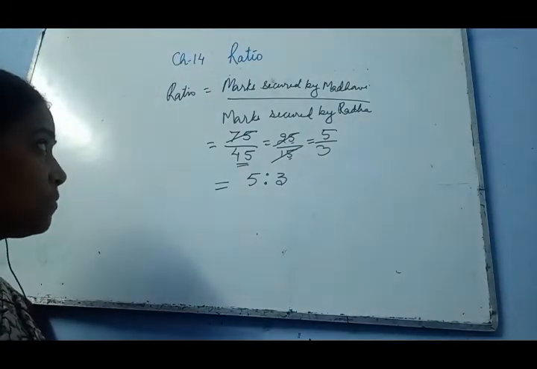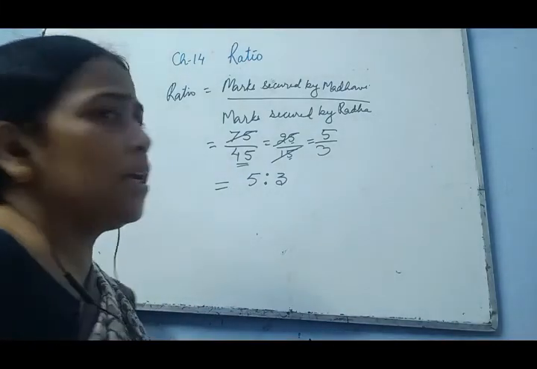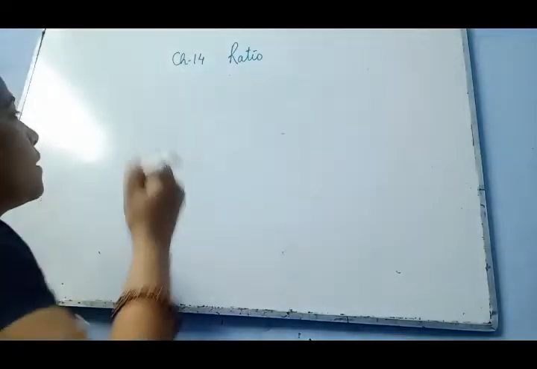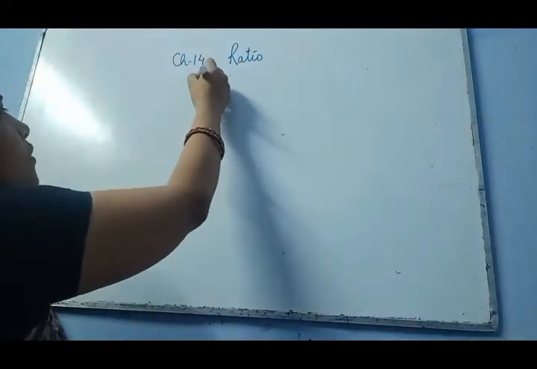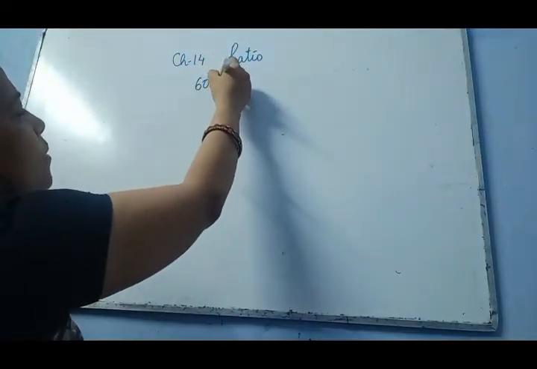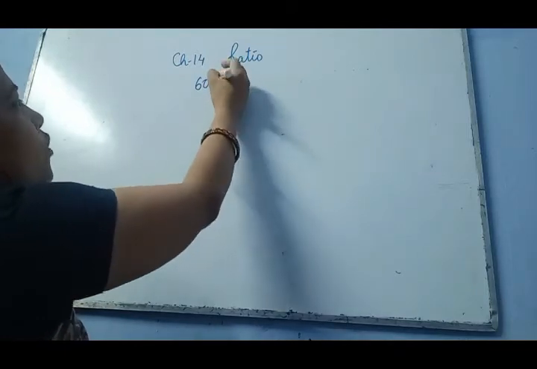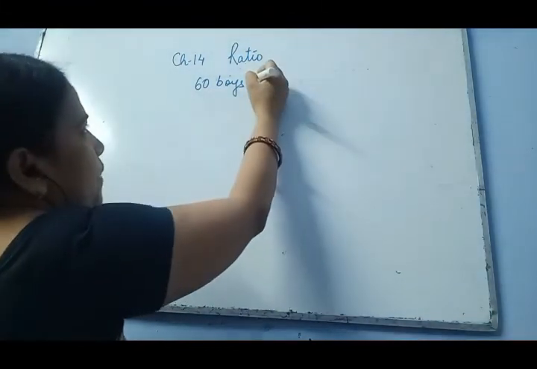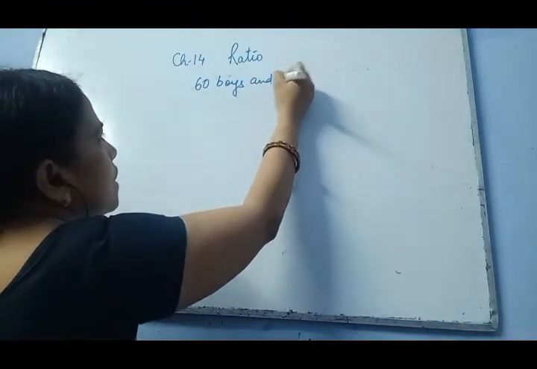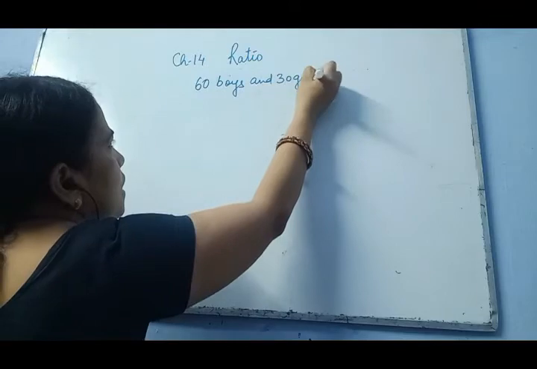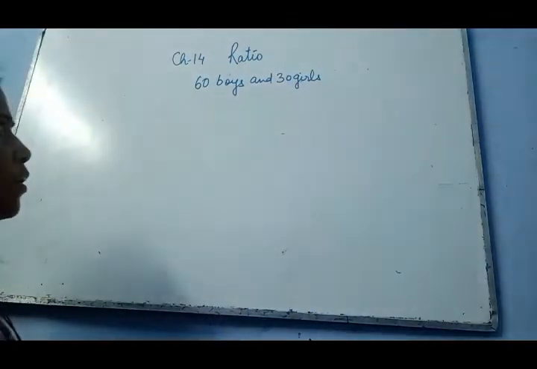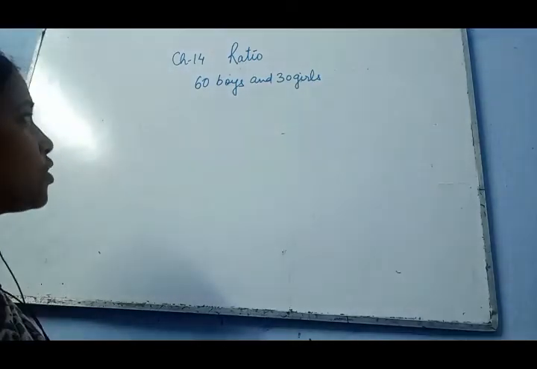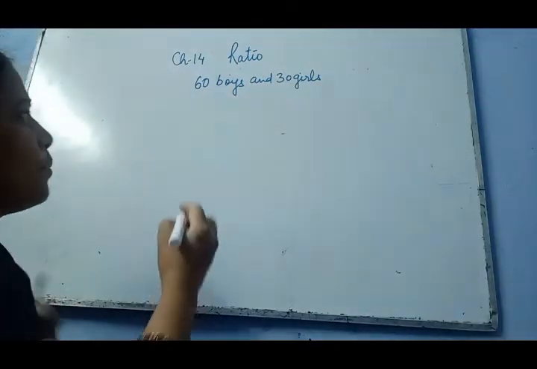Now another example. Suppose in a class there are 60 boys and 30 girls, and you have been asked to find the ratio of boys to girls.